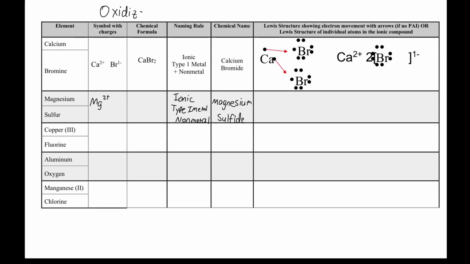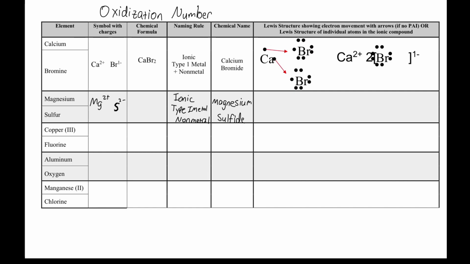An oxidation number basically means the charge. For our purposes in this class, they mean the same thing. So whenever someone asks, what's the oxidation number on magnesium, you'd say it's +2. If someone asks, what's the charge on magnesium, you say it's +2, right? No real difference.